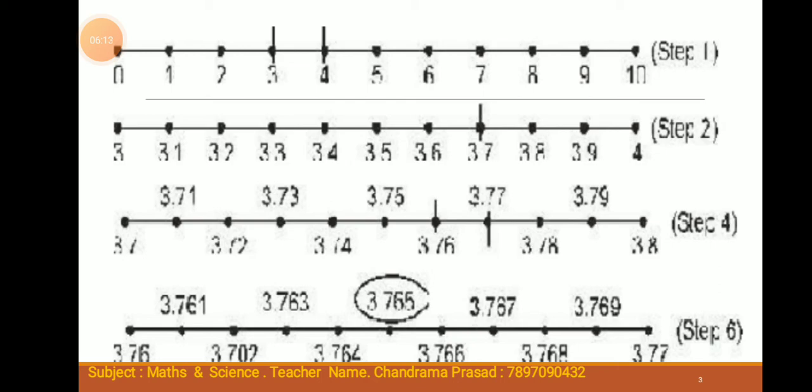So, students, on this number line the represented number is 3.765, which is the answer.